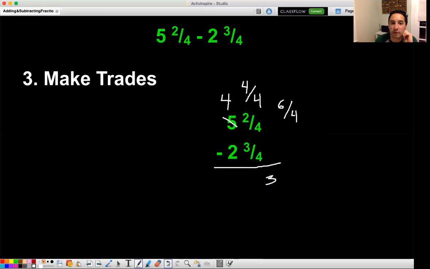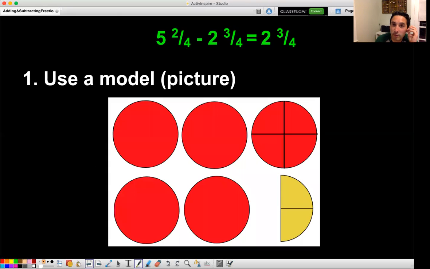Oops, that was nasty. 3/4 remain. 4 minus 2 is 2 3/4. Same system though. Look at this 4/4 and 2/4. 4/4 and 2/4.